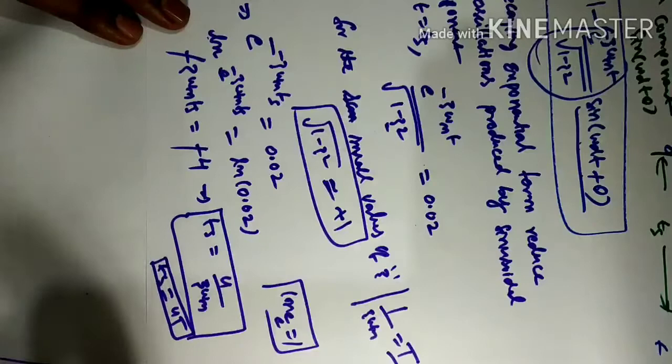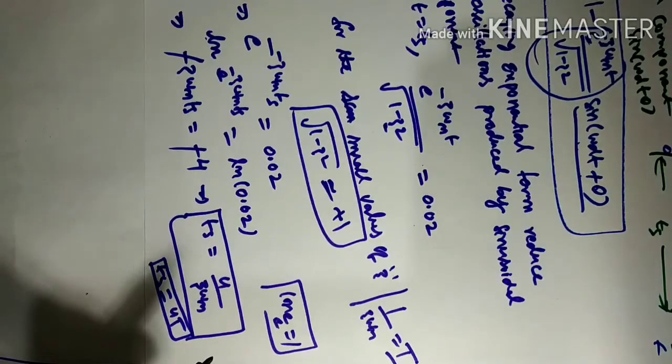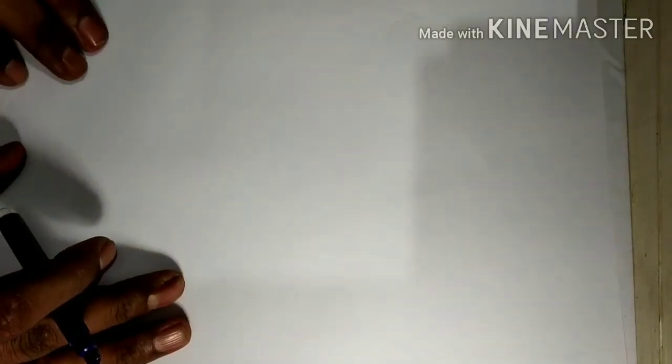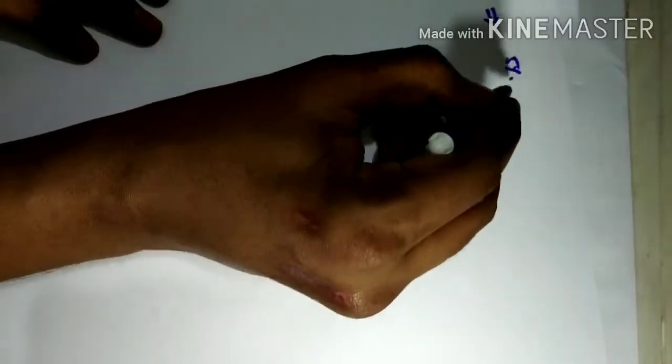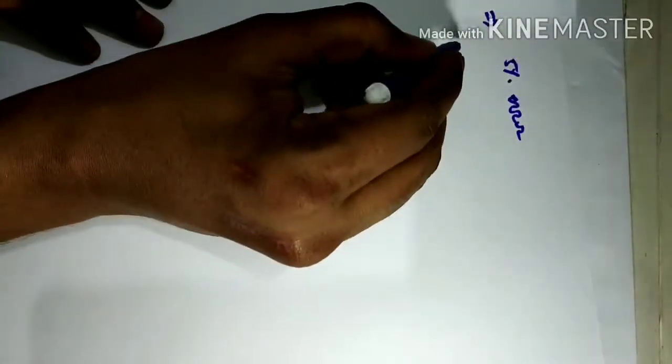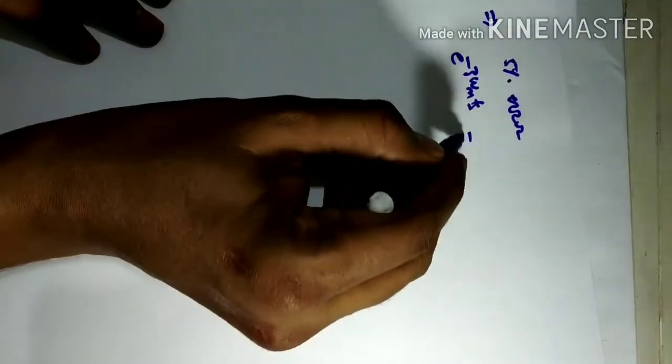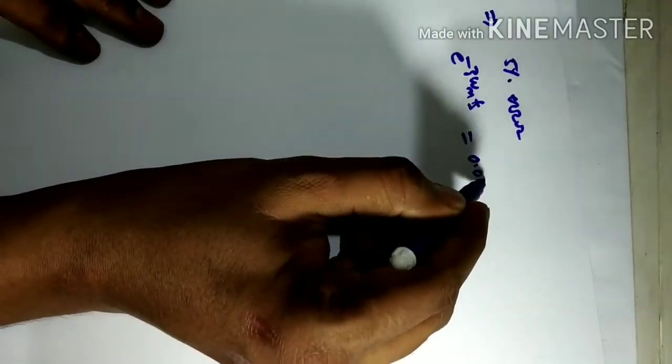Now we are going to find it for 5% error. So for 5% error, e raised to minus zeta omega n ts equals 0.05.